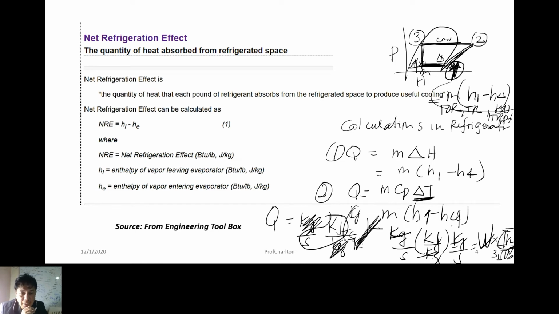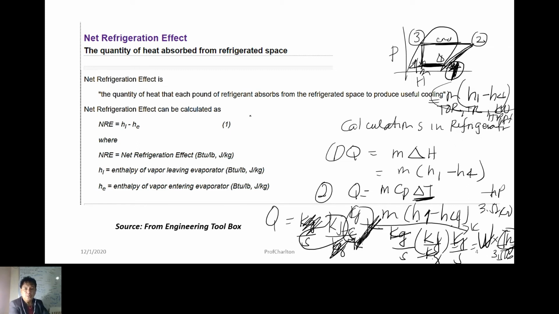So same thing, kilojoule per second is kilowatt. Joule per second is watts, kilojoule per second is kilowatt. Nagagawin mong kilowatts, no? So ang unit ay 3.516 o 3.52 na lang, 3.52 kilowatt per 1 ton. So pangalawa yan.